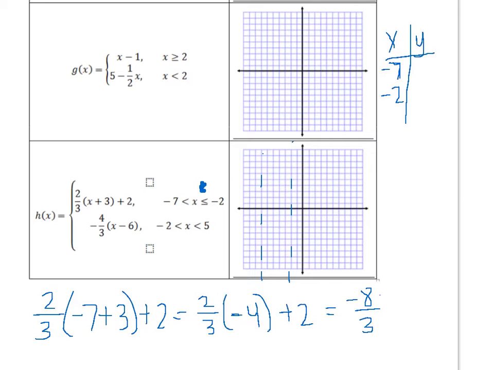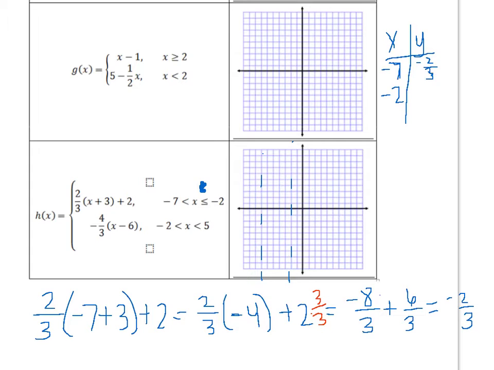And then I can use a fancy one of 3/3 to multiply times the 2 to make that into a fraction with a 3 in the denominator. So I'm going to add 2 times 3 is 6. The 3 stays the same. So -8/3 plus 6/3 is going to be -2/3. So that's going to be my y value here.